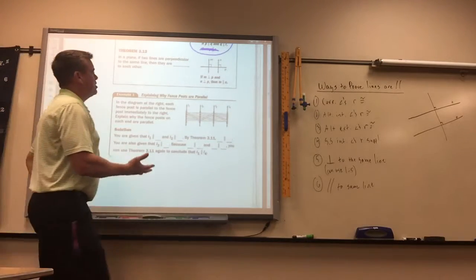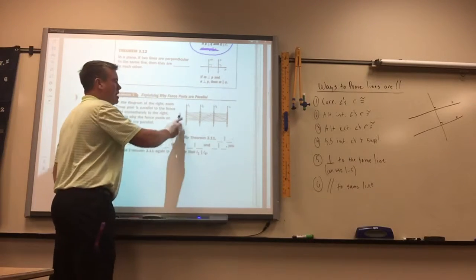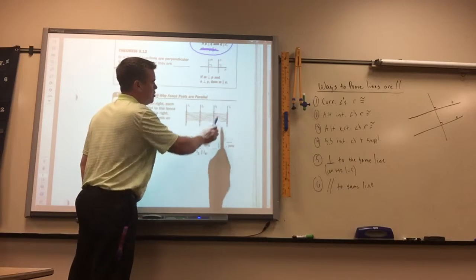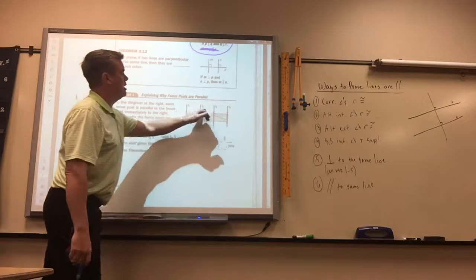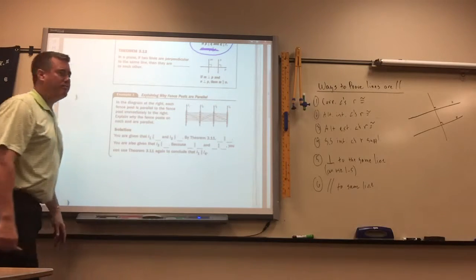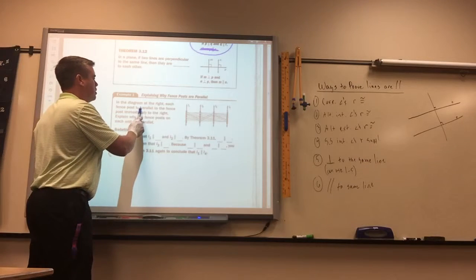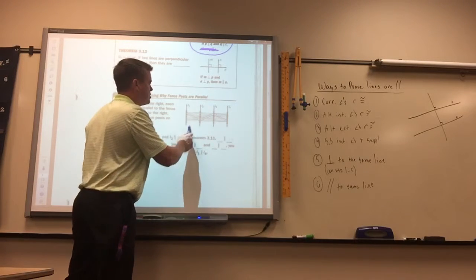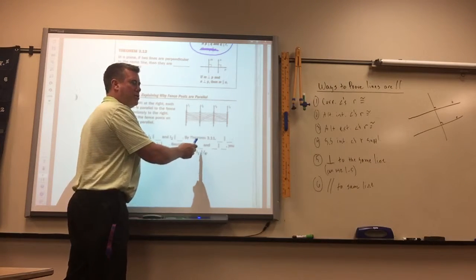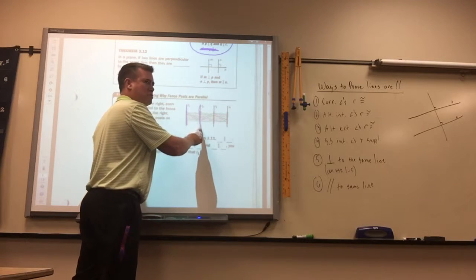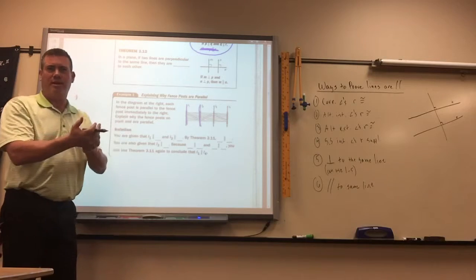So in this picture right here, they've got a picture of a fence. Each post going in the ground, they say, is line 1, L2, line 3, line 4. Each fence post is parallel to the fence post immediately next to it. So when they put these in, they make this one straight up and down, and then they make this one straight up and down, using a level, right?